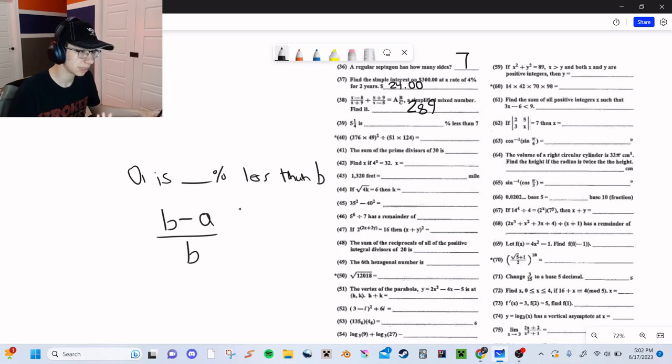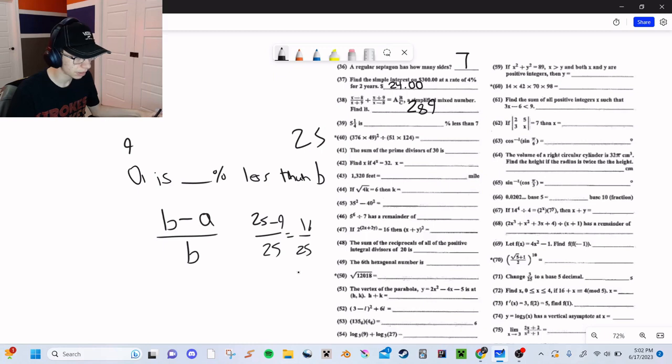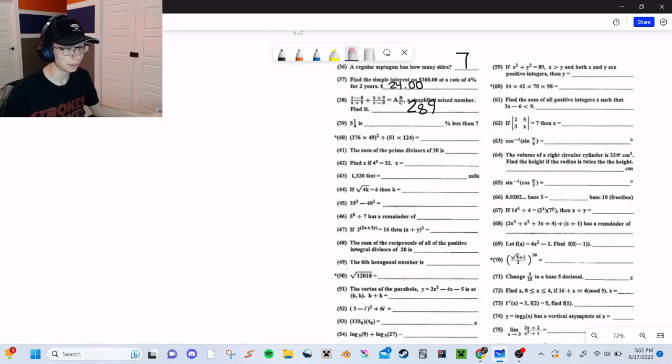And so in the case we had before, I think it was like 9 is what percent less than 25. We did 25 minus 9 over 25. That gave us this percent. This might not have been the exact question, but we did something like this. This is the exact same scenario, except we have two different numbers. We're dealing with a mixed number here.